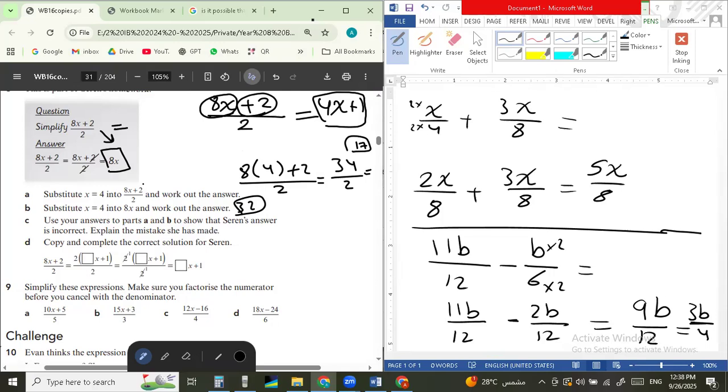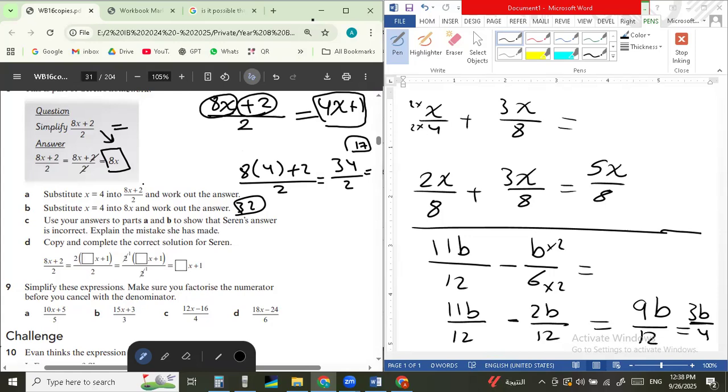They are not the same, and that's what they want you to say in C. Use your answers to A and B to show that Siren's answer is incorrect. Yes, here it is. Explain the mistake she has made. So we explained already the mistake that she has made. She needed to divide 8x also by 2. So this would be 4x plus 1.